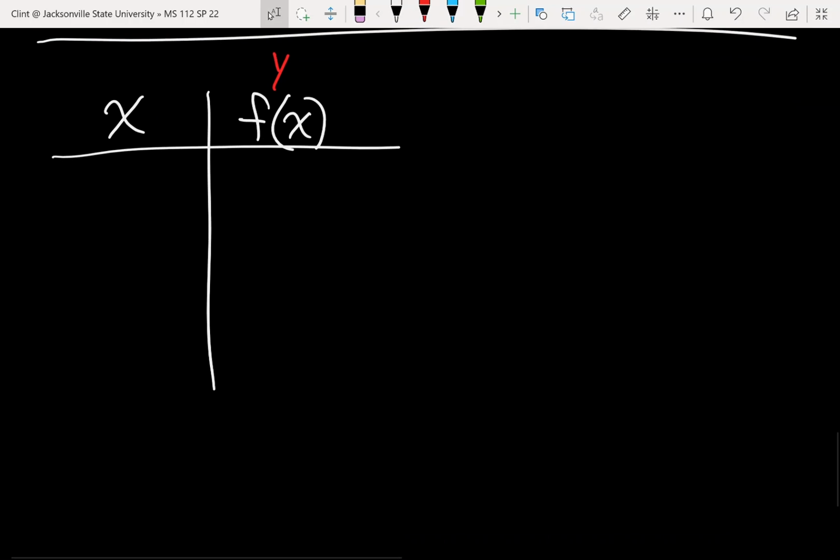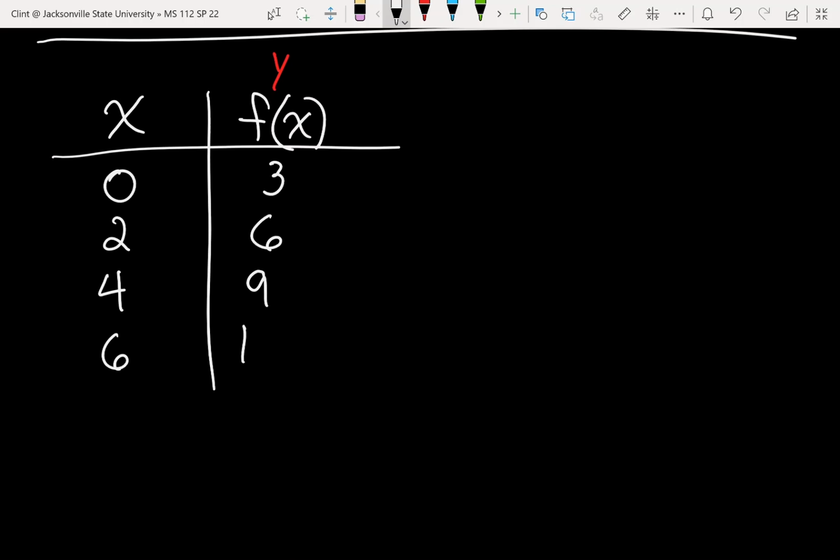So let's look at this one. So this table is telling me I've got the point 0, 3, 2, 6, 4, 9, 6, 12 on my graph.